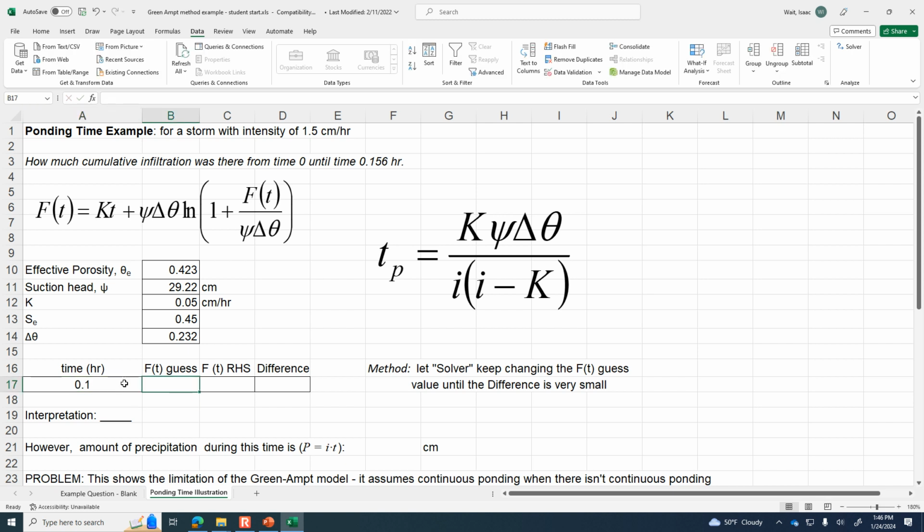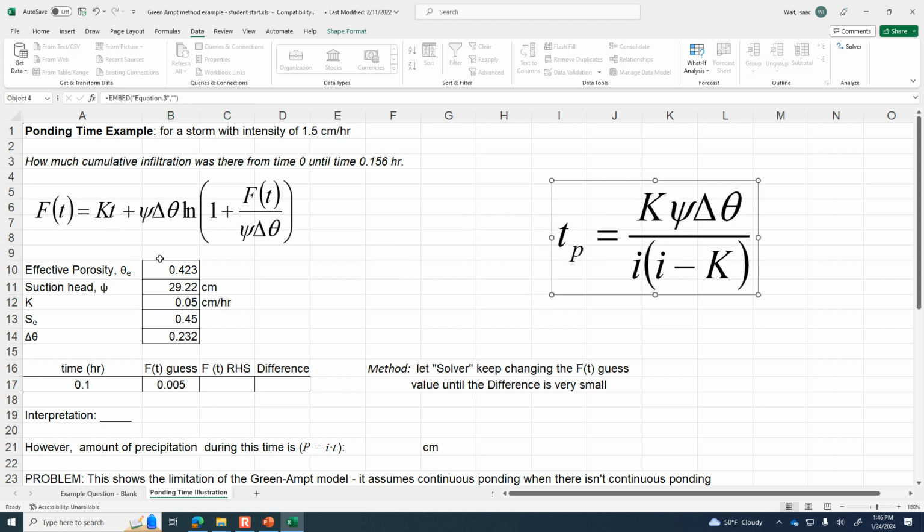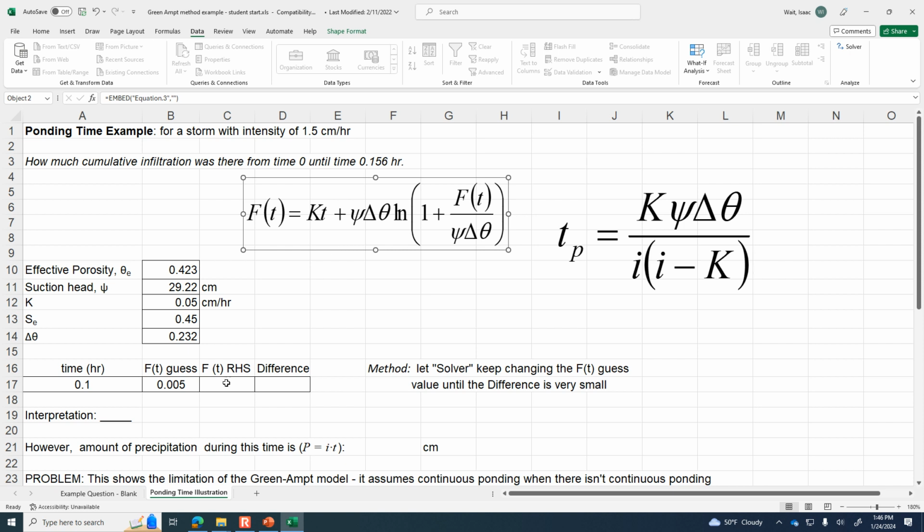If we have the infiltration depth guess of 0.05, which is the 0.005, the K value multiplied by the time, the right-hand side equation of the F sub t equation. So have to type this in again.